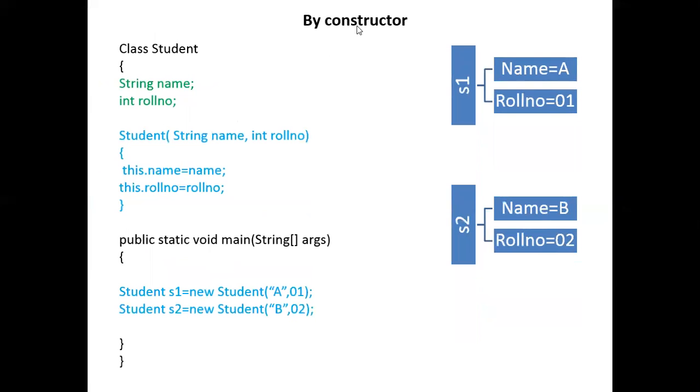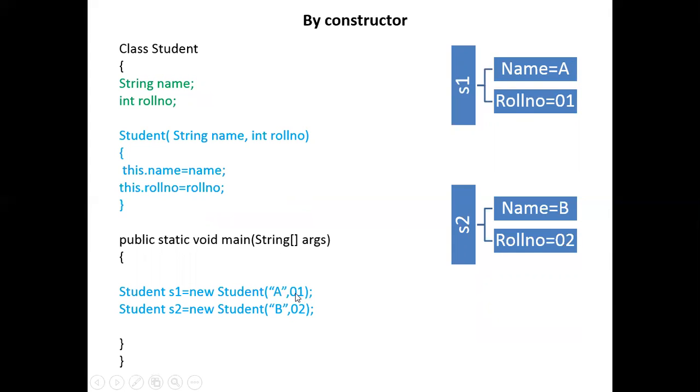To initialize an object using a constructor, we will create a constructor of this class with the same name, and we will take these two values as parameters. When we create an object of this class, at that time itself we pass both values, the name and roll number.